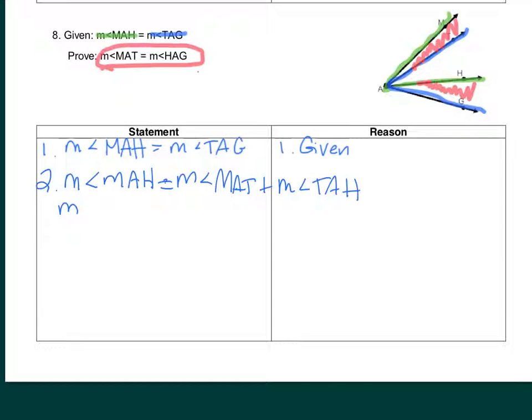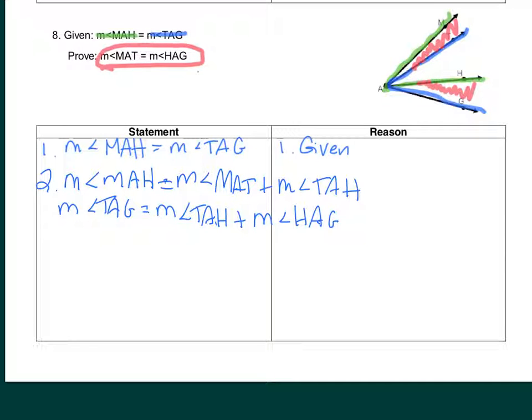The next angle, measure of angle TAG, the blue one, is equal to the measure of angle TAH, oops, different letters, plus the measure of angle HAG.